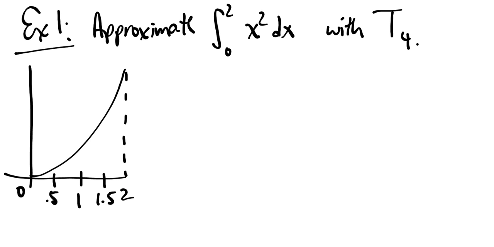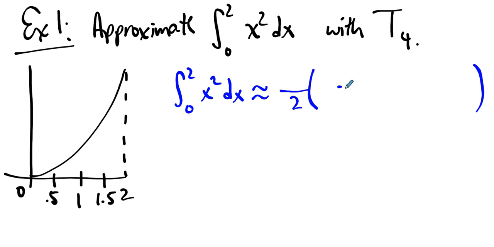And the trapezoidal rule says that the integral from 0 to 2 of x squared dx is approximately delta x over 2 times a y value, 2 of those, 2 of those, 2 of those, and a y value. How do we find the y values? Well, the y values are what we get when we substitute this into the function, this into the function, and so on. So that's 0, a fourth, 1, 9/4, and 2 squared is 4.